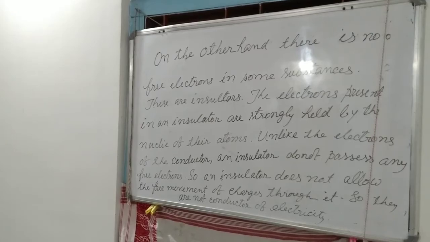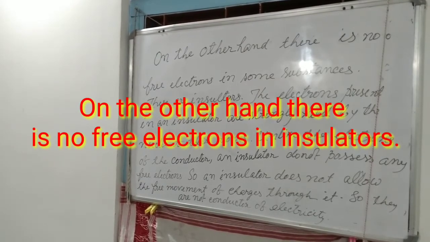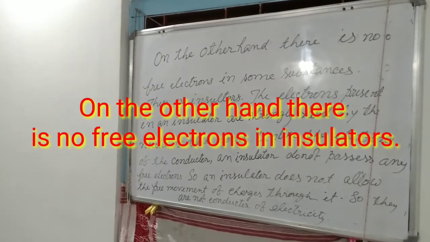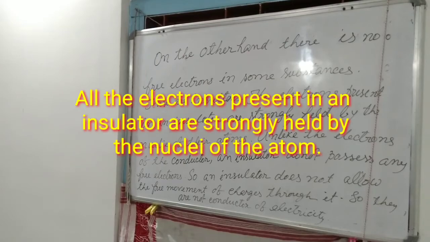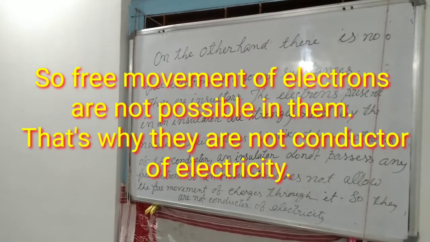On the other hand, the case is totally different in the case of insulators, which are non-conductors of electricity. There are no free electrons in these substances. The electrons present in an insulator are strongly held by the nuclei of their atoms. There is a strong bond between the nucleus and the electrons present in the outer shell.